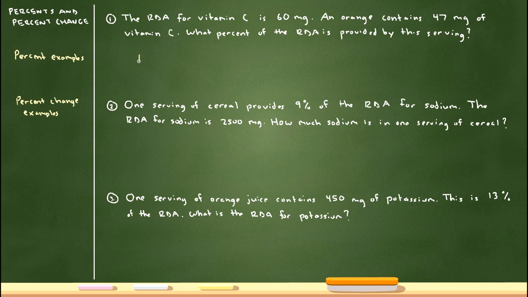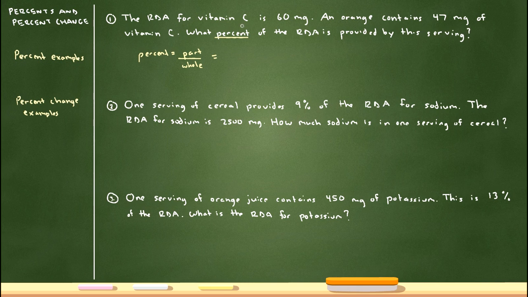So again, let me go ahead and write that the percent is equal to the part over the whole, and we'll see if we can identify which is the part and which is the whole to see if we could get this percentage. So that's what we're being asked for as well, right? So what percent of the recommended daily allowance is provided by this serving?